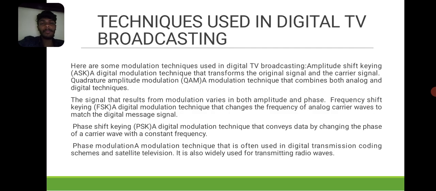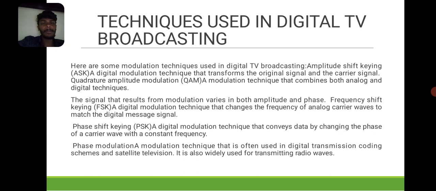Frequency shift keying, a digital modulation technique that changes the frequency of analog carrier waves to match the digital message signal. Phase shift keying, a digital modulation technique that conveys data by changing the phase of a carrier wave with a constant frequency.